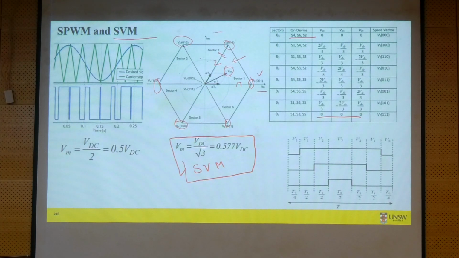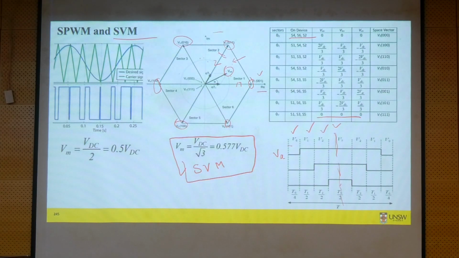Here you can see, for example, this is A phase. To create this pulse, or half of this pulse, we need the zero vector, vector 1, vector 2, and vector 7.